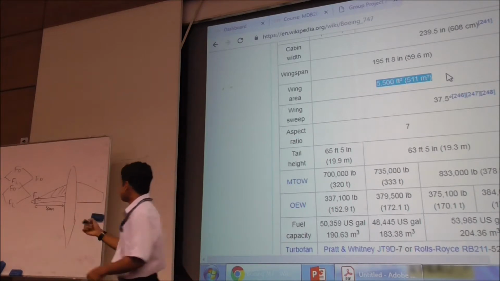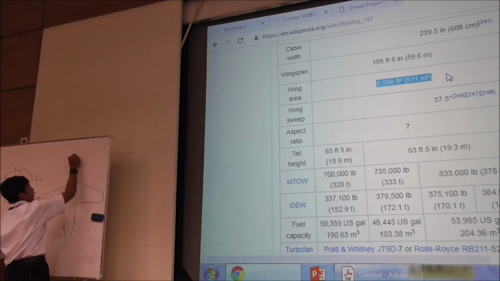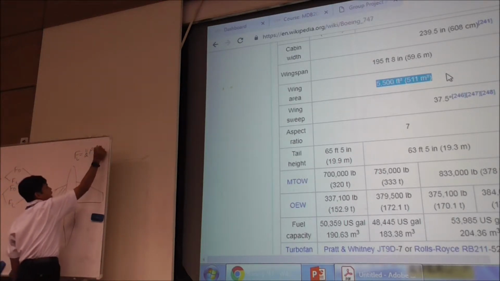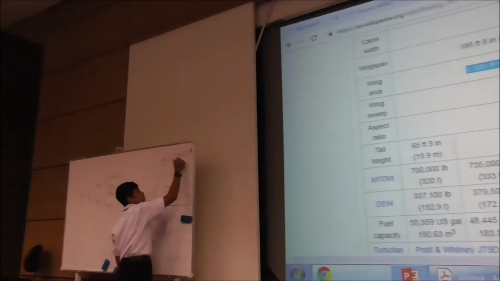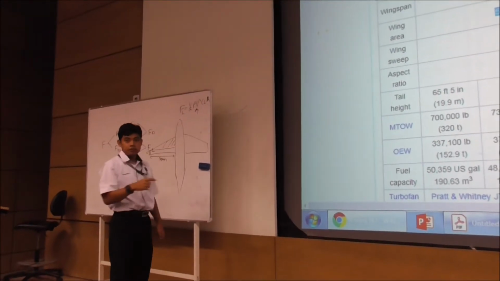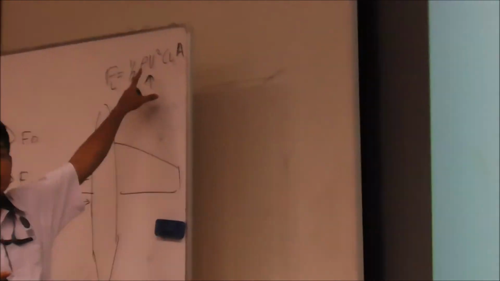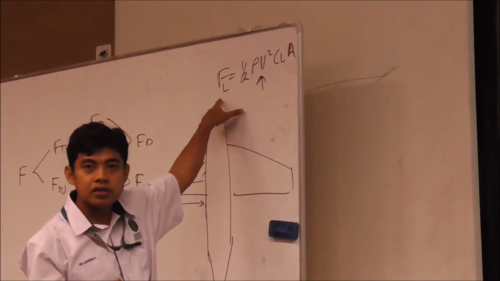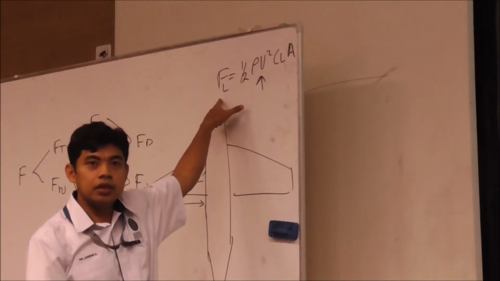Because later on you will know that FL is half rho v squared CL A. This velocity is the problem, because if your velocity is too small, your FL is too small, and of course the aircraft will go down.